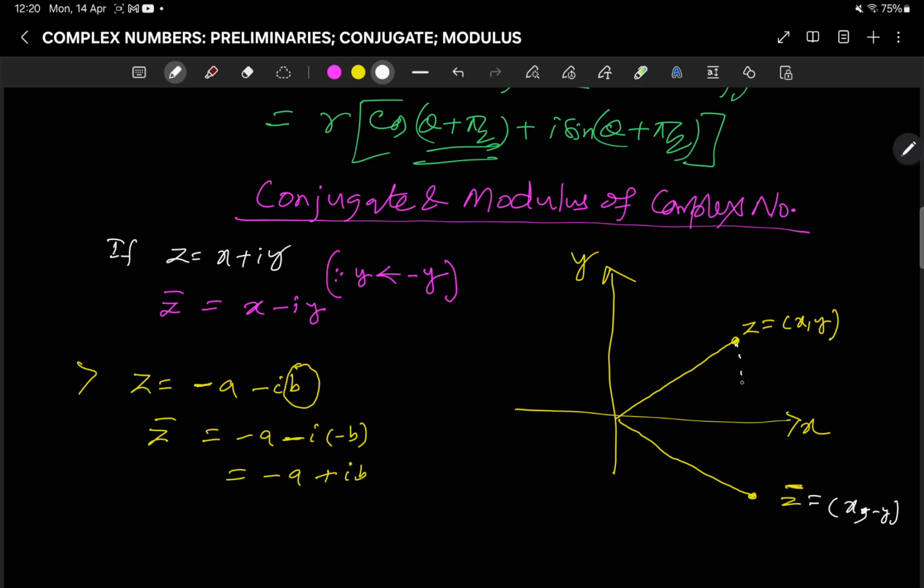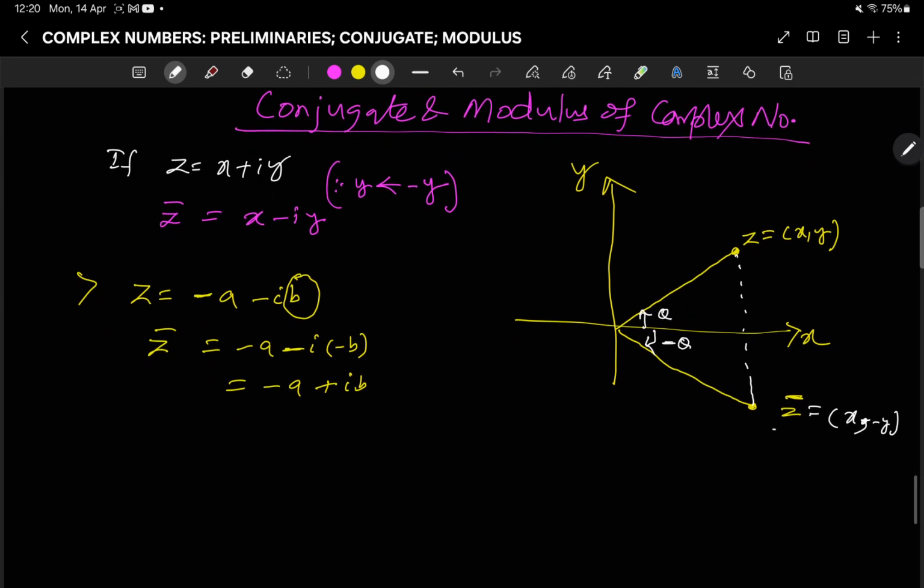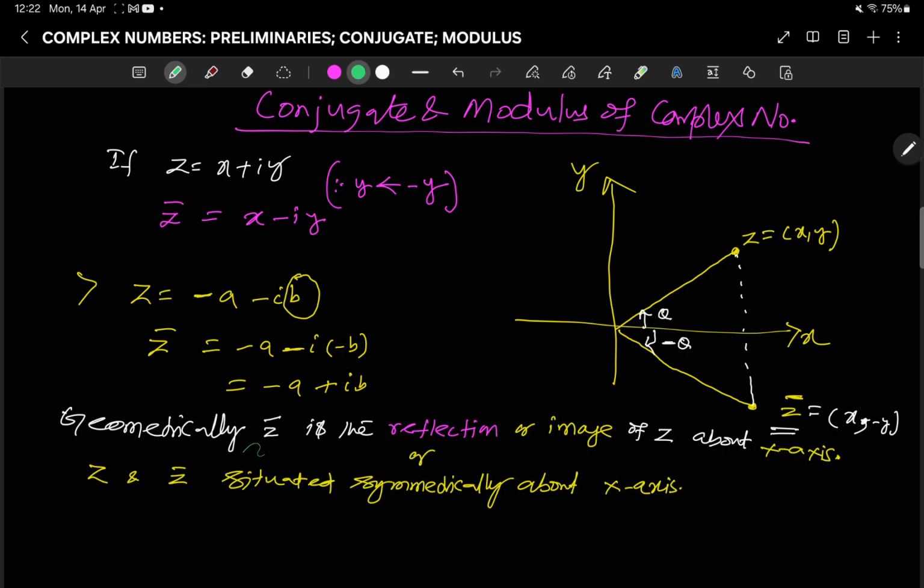So geometrically, this is simply the reflection of z. If z is at angle theta in the anticlockwise sense, then z conjugate is at angle minus theta. So z conjugate is the mirror image or reflection of z about the x-axis, or I can say z and z conjugate are situated symmetrically about the x-axis.